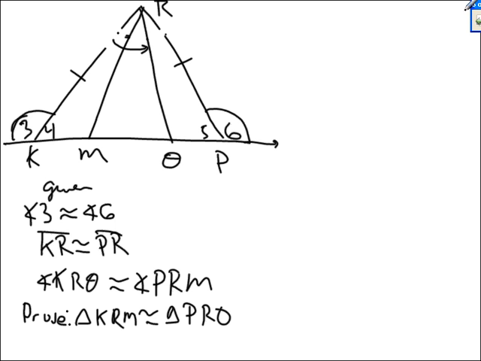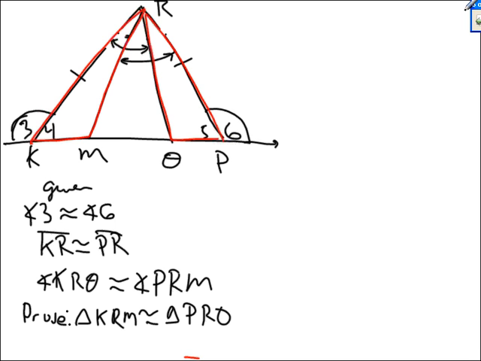This angle here is equal to PRM, is equal to this angle. Now we want to show that triangle KRM, this triangle here, and PRO, this triangle here, are in fact the same.